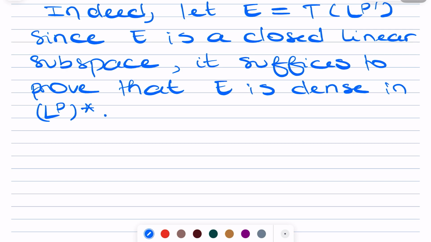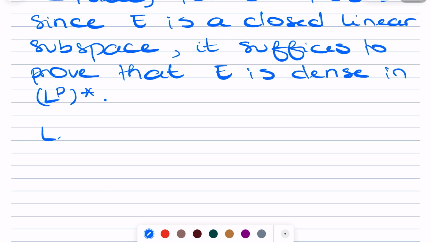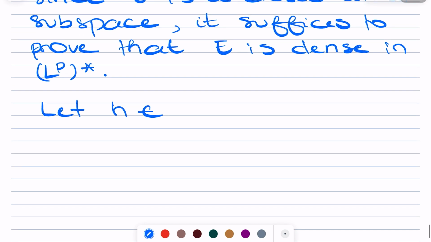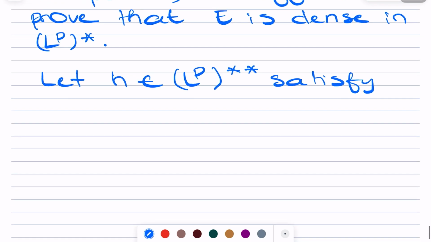So okay, we use our famous trick. Let H be in LP bidual such that H restricted to E equals 0.